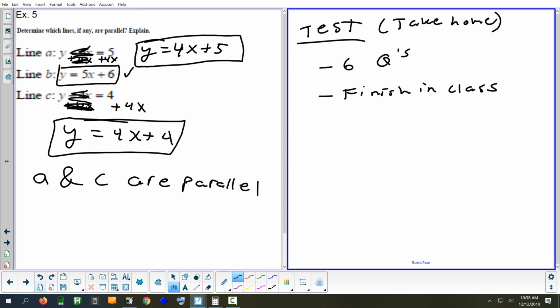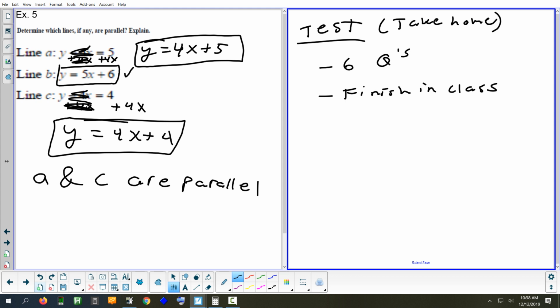If you lose the take-home part, you will not have enough time to finish this test in class tomorrow. We only have 39 minutes in class. If you lose the take-home and say, oh, I forgot it at home, well, I'll give you the whole test, but I don't think you're going to be able to finish the whole thing in 39 minutes. That's why I'm giving you half of it as a take-home.